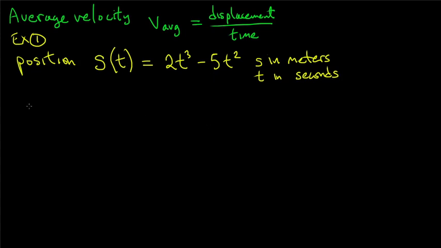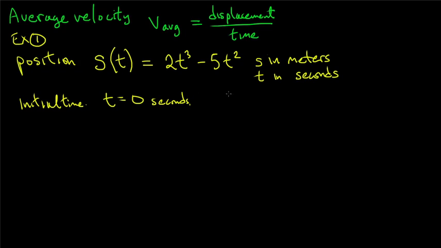So for starters, we want to know where we start. Where we start depends on what time we consider to be the first time, our initial time. It could be whatever we want. We can say we're starting at t equals 23 seconds, but it probably makes more sense to say the initial time is just 0 seconds.